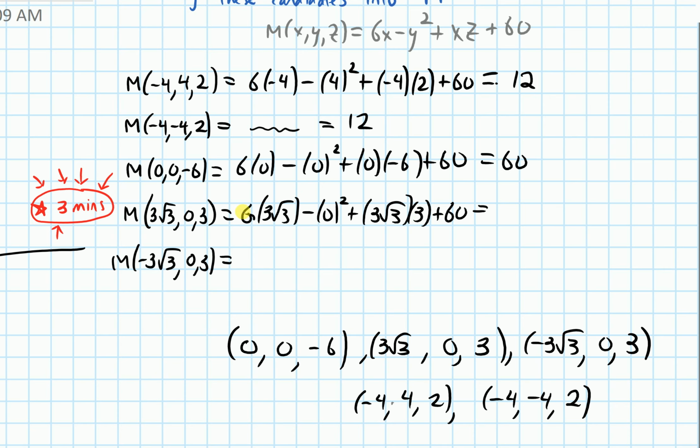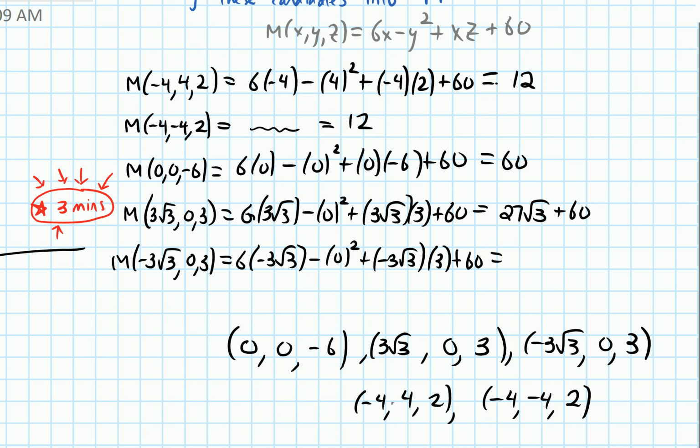So here I have 18 root 3 plus 9 root 3, so that's 27 root 3, and then plus 60. And if you plug in the next value, you'll get 6 times negative 3 root 3 minus 0 squared plus negative 3 root 3 times 3, and then plus 60. So this ends up being negative 27 root 3 plus 60.